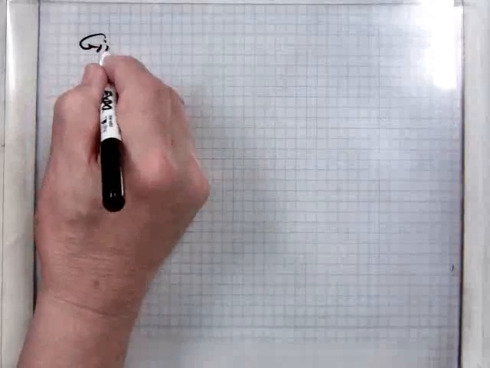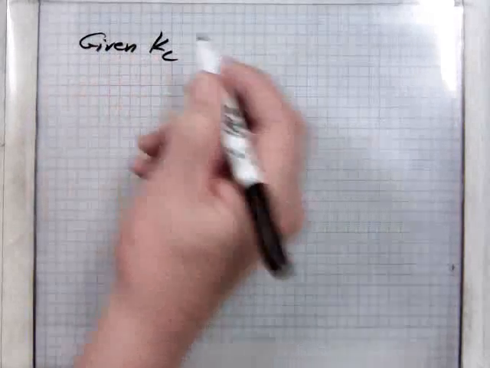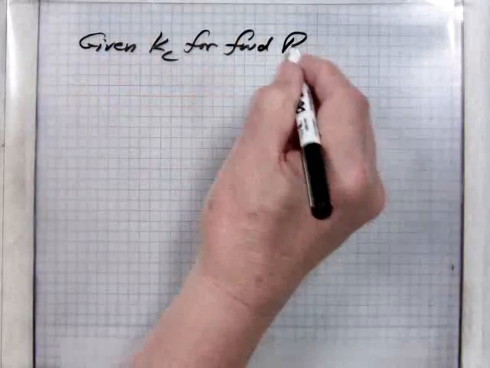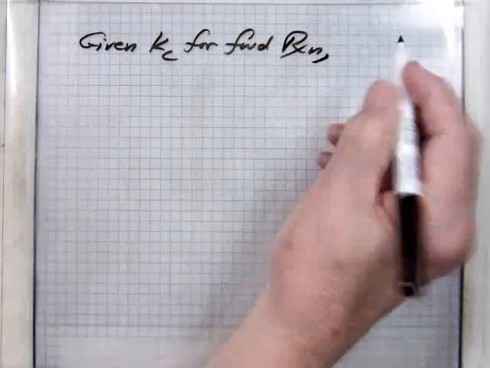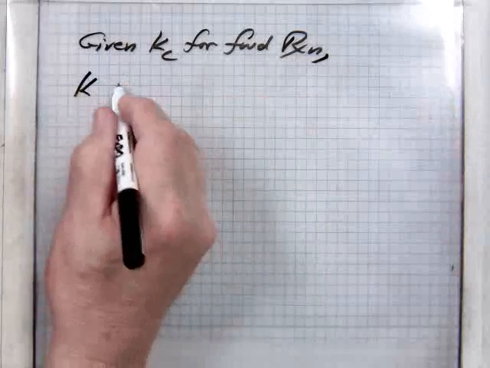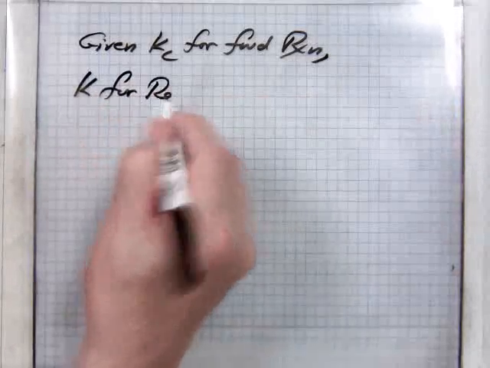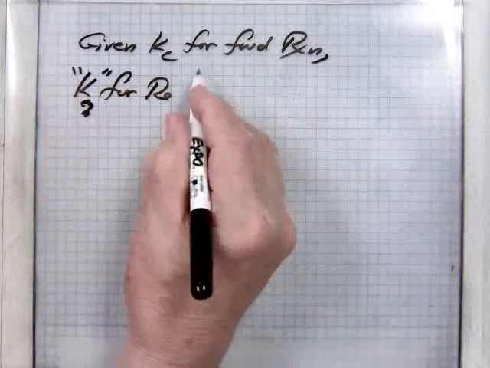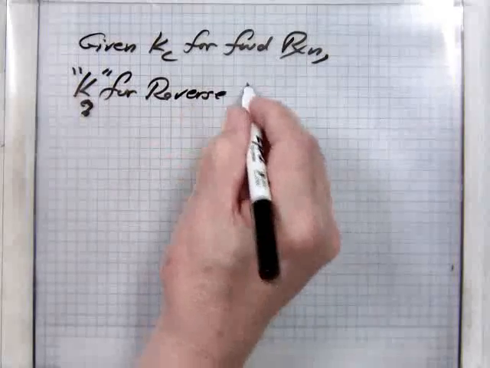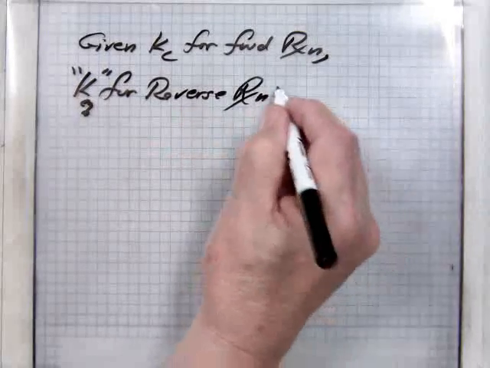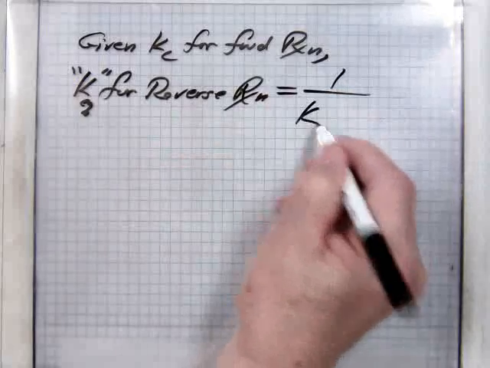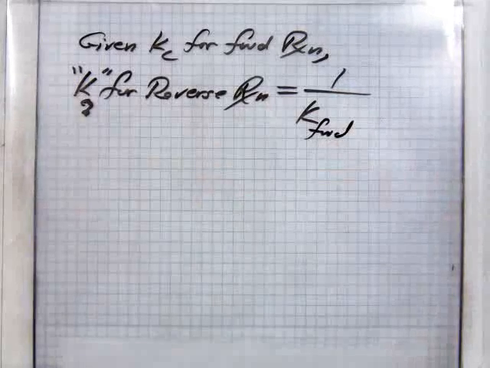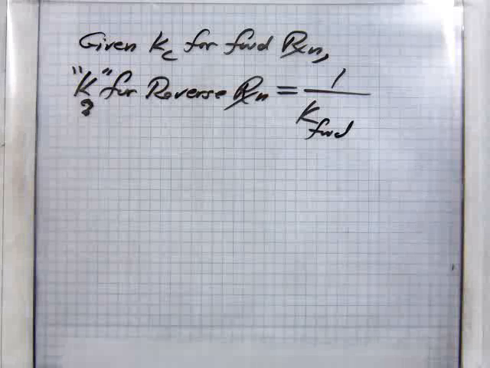Say if you're given Kc for the forward reaction, the Keq for the reverse reaction is equal to 1 over K for the forward reaction. That's the essence of that rule.